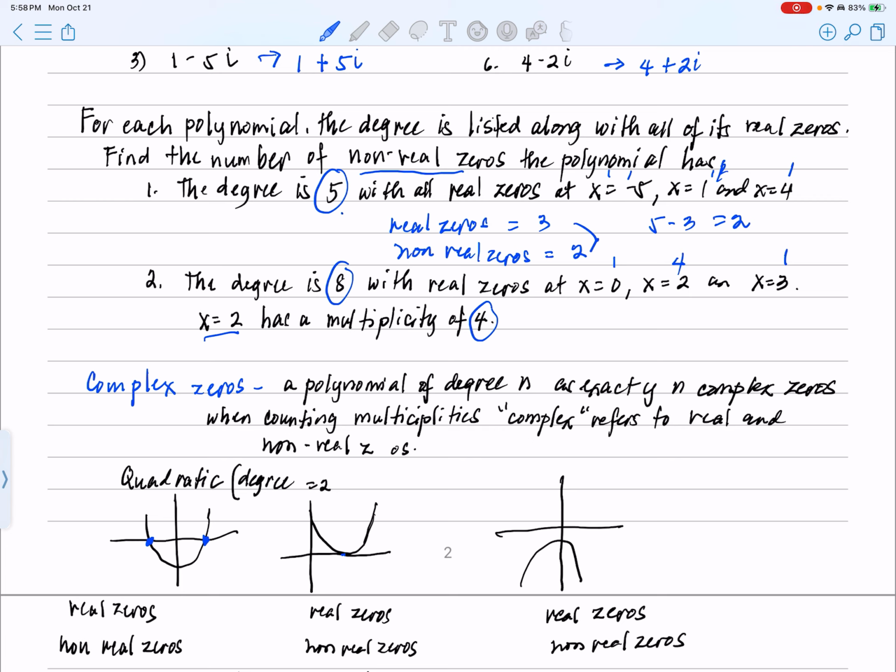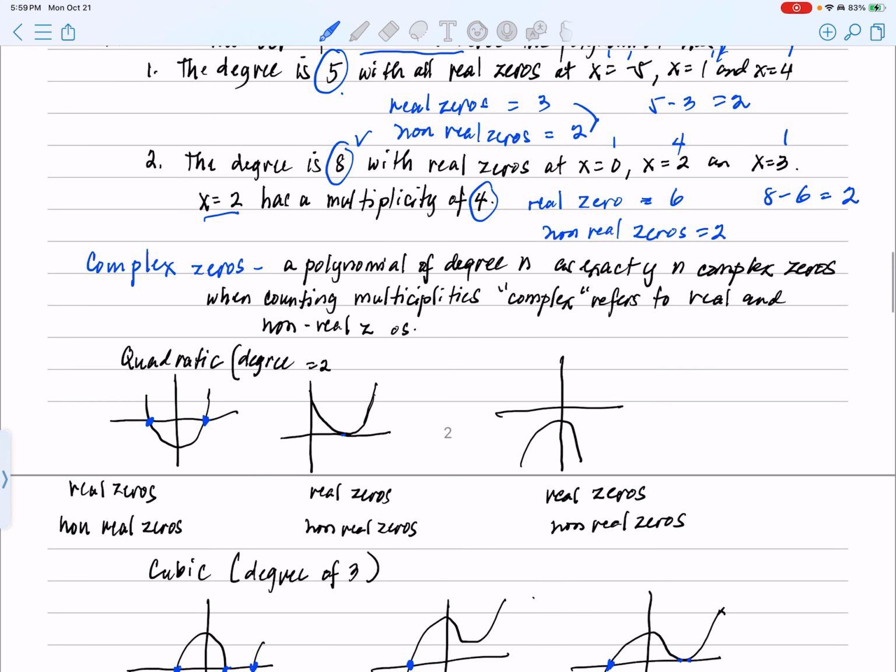That means, all in all, the real zeros will be 1 plus 4 plus 1, that is 6. So the non-real zeros will be 8 minus 6, because the degree is 8, which equals 2. Alright? Simple as that.